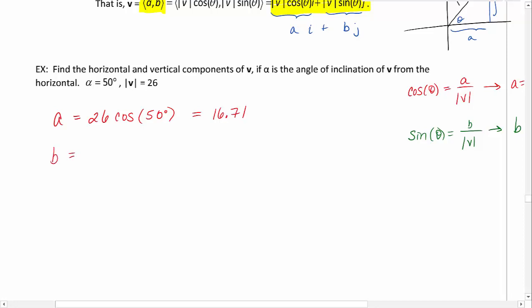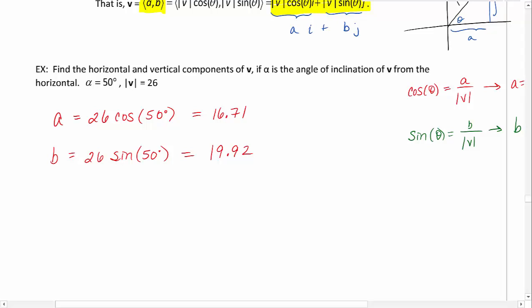b is going to be 26 times sine of 50 degrees. Plugging that into our calculator, rounding to the nearest hundredth, we're going to get 19.92.